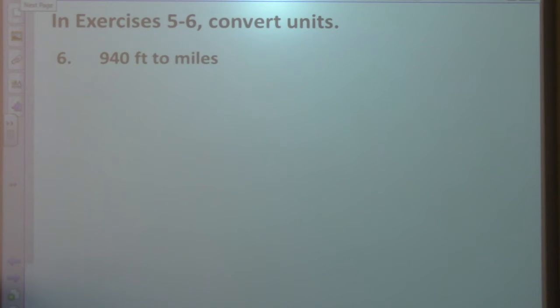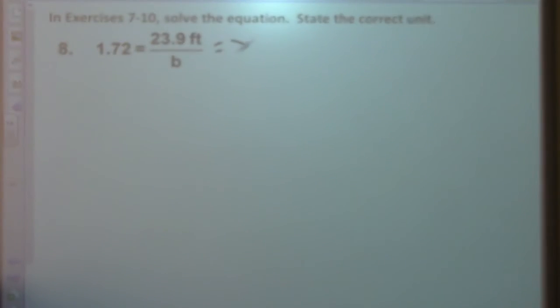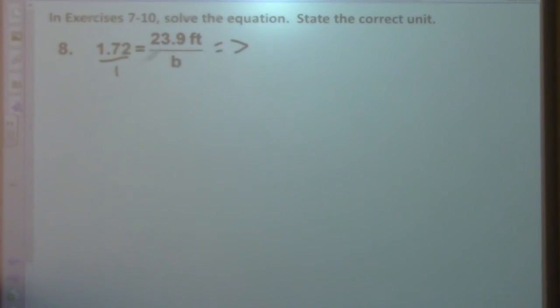And then the last four are little solution things, solving for problems. This one here, you can cross multiply the 20.4 over here. The way I would do this one is I would rewrite it to make the arithmetic a little easier.